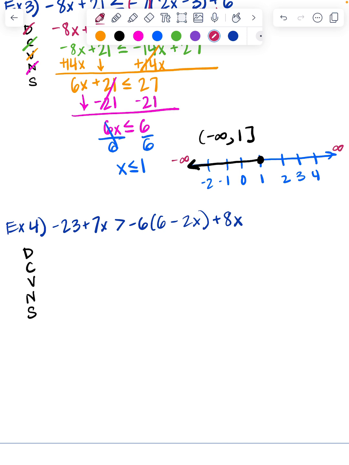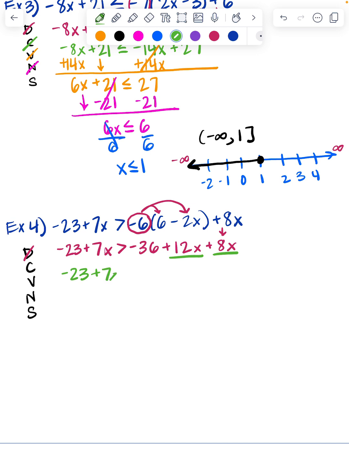So I'm going to be distributing -6. So I'll bring down everything on the left side. And then now multiply -6 by 6. That's -36. -6 times -2x is positive 12x. And bring down plus 8x. Combine like terms. Remember that like terms have to be on the same side of the inequality. So on the right side, I have 12x and 8x.